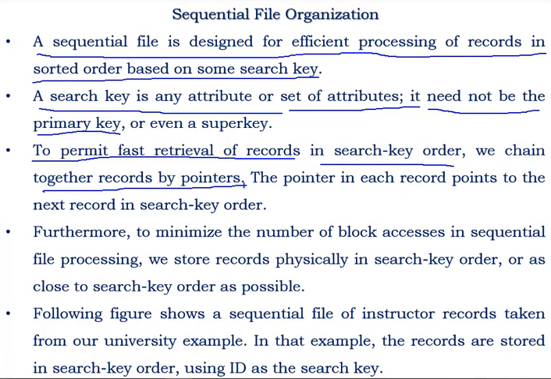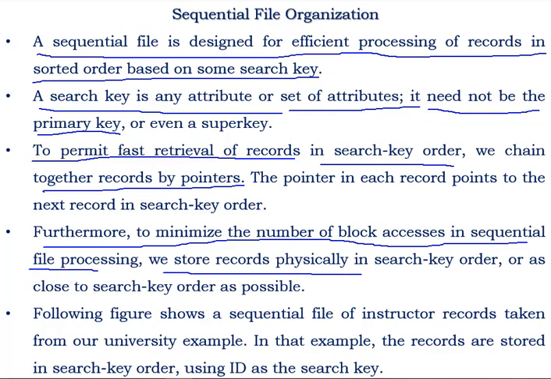So here in sequential file organization, we are going to use a linked list like structure to organize all these records one after another. The first record will point to the second record, will point to the third record, and so on. This is the linked list structure that we are going to see in the next slide. Furthermore, to minimize the number of block accesses in sequential file processing, we store records physically in search key order.